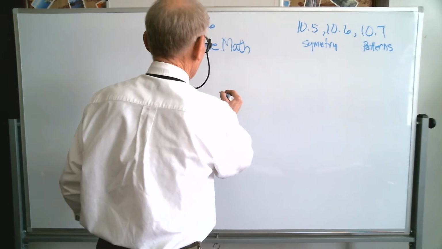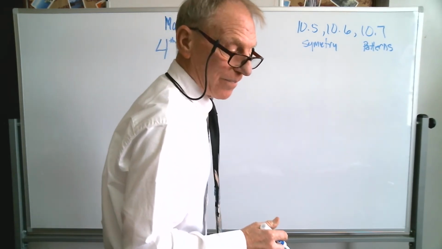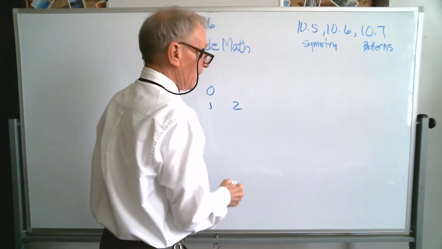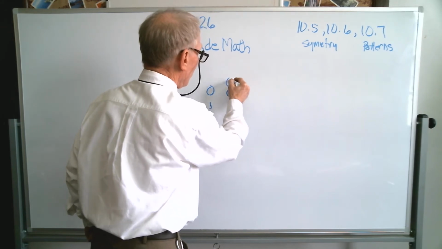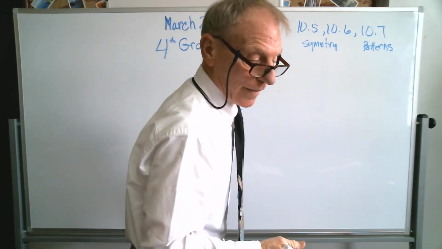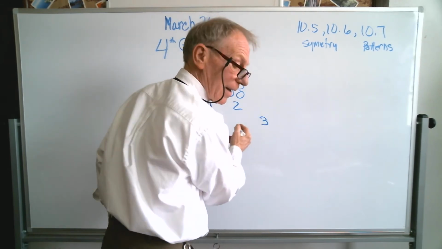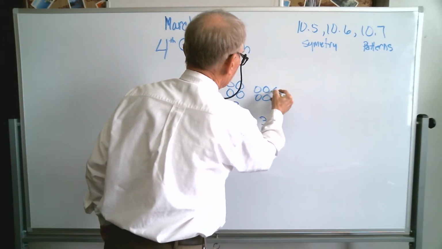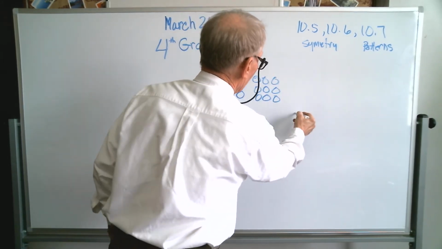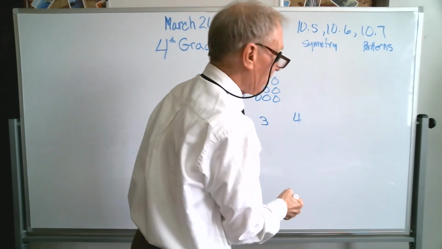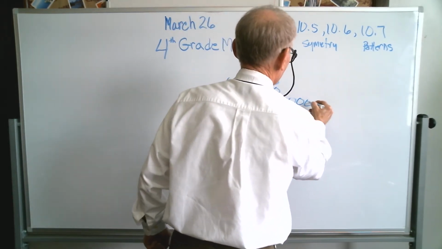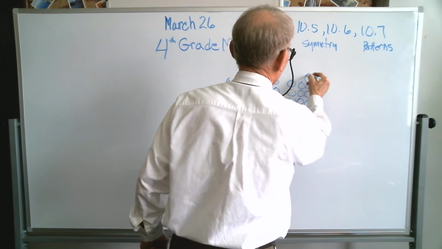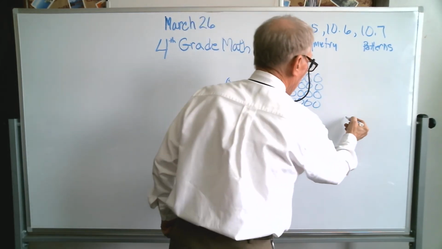So if we start with 1, and then we go to 2, then we go to 3 in our pattern, and 3 is 3 rows of 3. Then we go to 4, and we have 4 rows of 4. What is 5 going to look like?